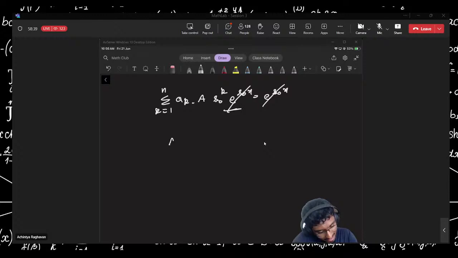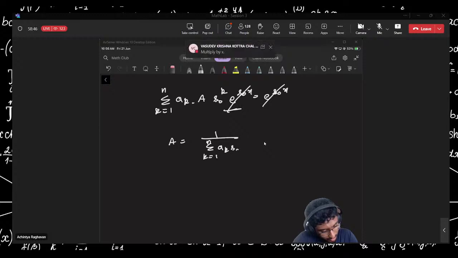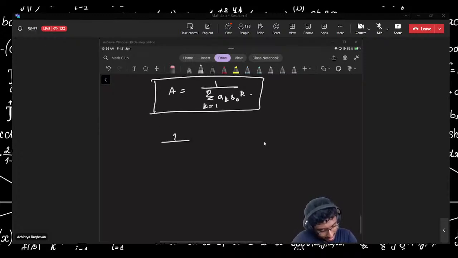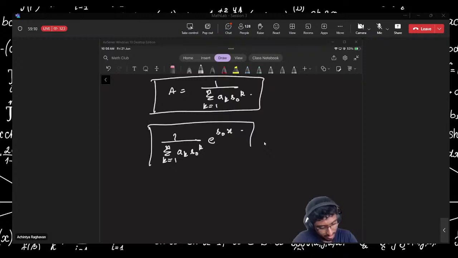And so we get a is equal to 1 by the summation k equal to 1 to n of a_k s naught to the power k. Yeah, okay, so you have this. So what is the final solution? This scaling factor times e power s naught x. So this is the final solution.